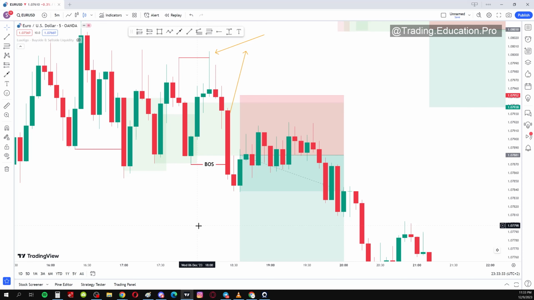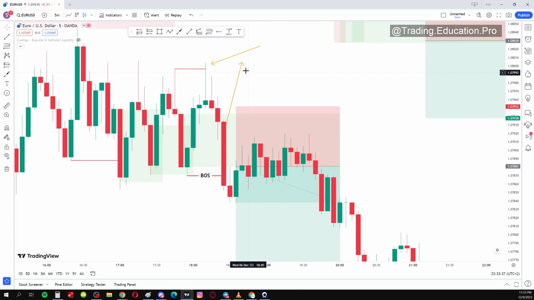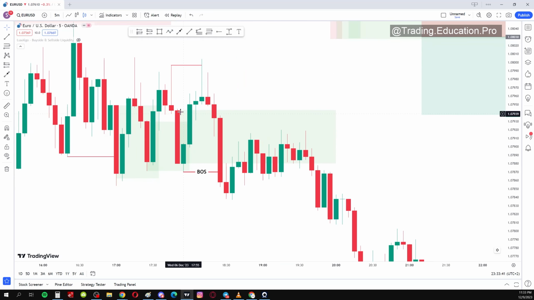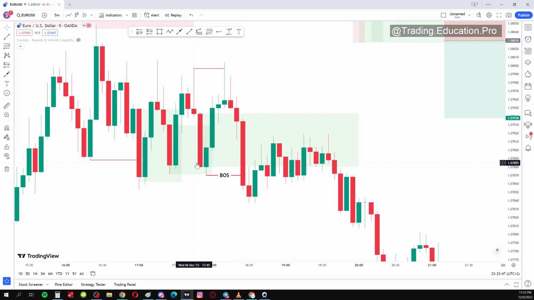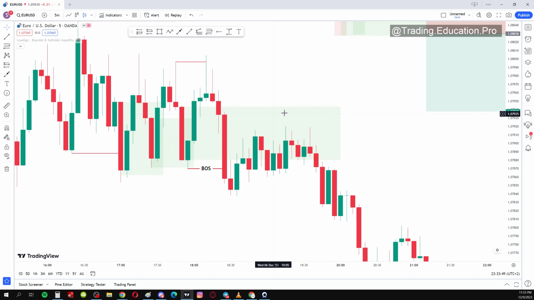So this is the break of structure. And in this case, we can just extend this order block, this zone, this last red candle, and this becomes the breaker block.